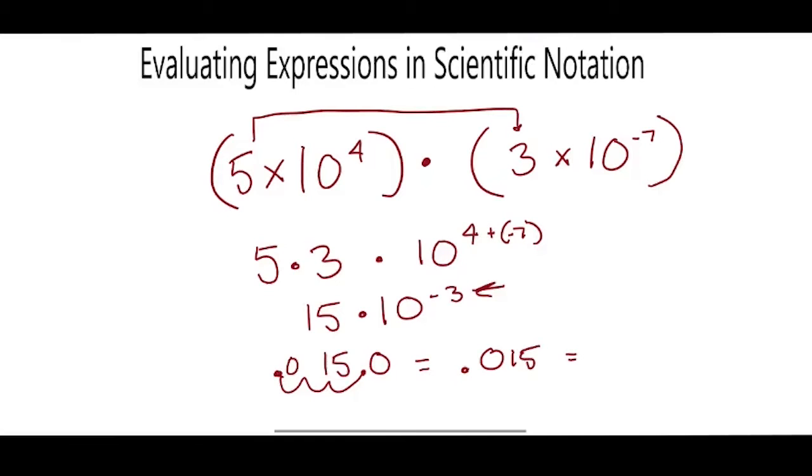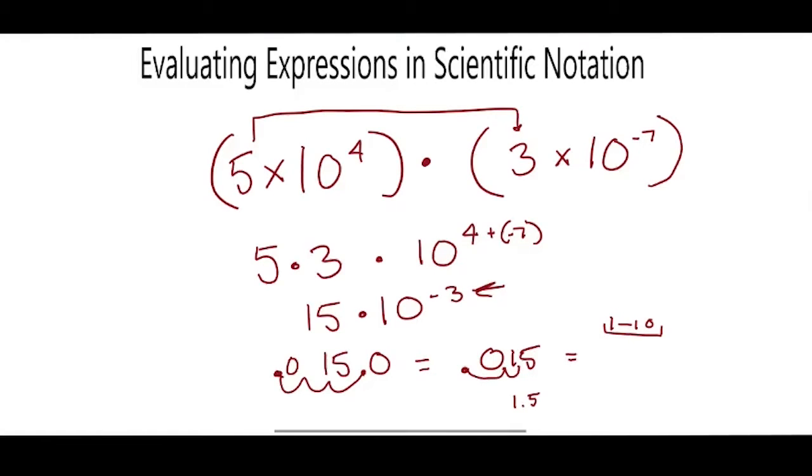So the first number when you write in scientific notation needs to be between 1 and 10. So I will move my decimal to make a number between 1 and 10. So if I move my decimal here, well, that becomes 0.15. That's not between 1 and 10. If I move it right here, it becomes 1.5, which is definitely between 1 and 10.